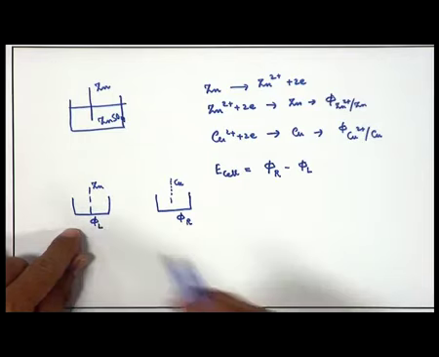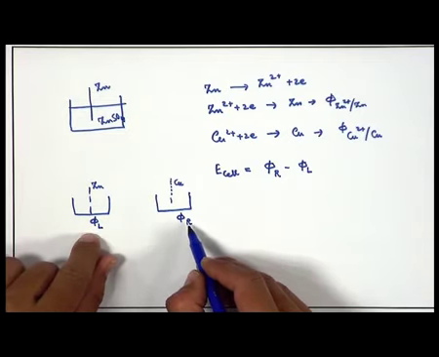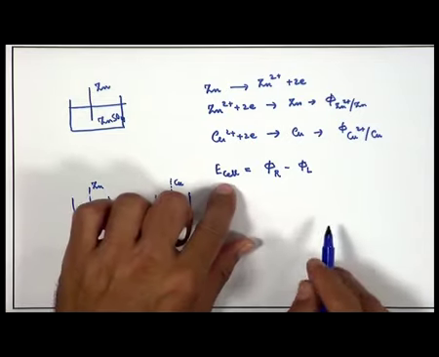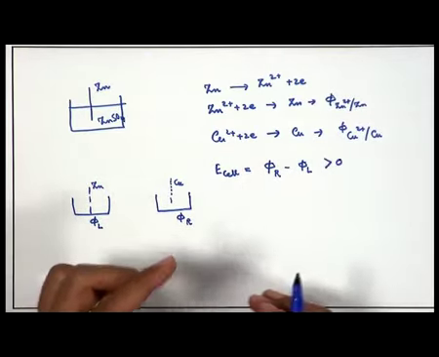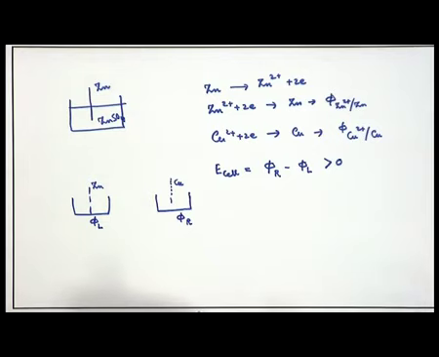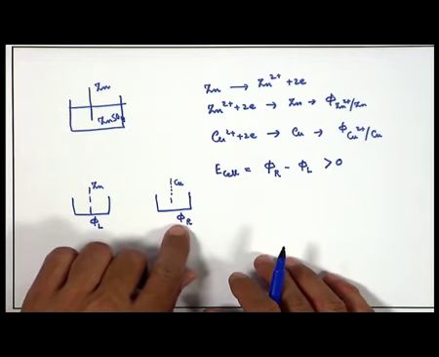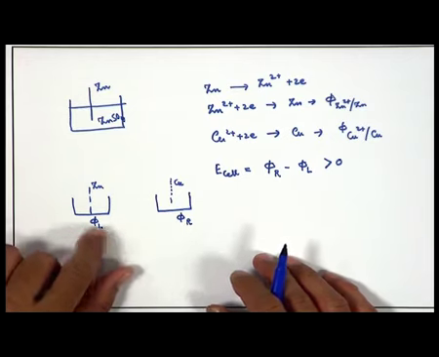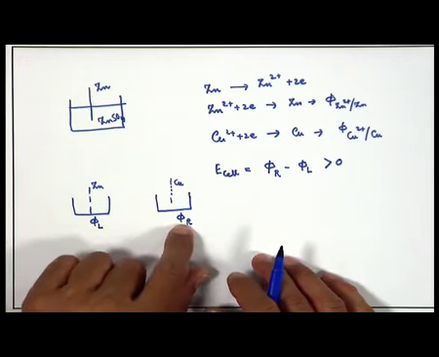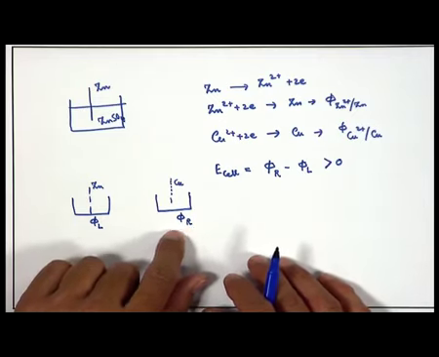Your E cell will be phi right minus phi left, because you need E cell greater than 0 to make the overall cell reaction spontaneous. So, reduction in the right hand and oxidation in the left hand, where phi is nothing but the reduction potential.